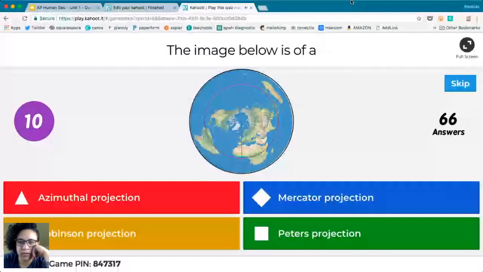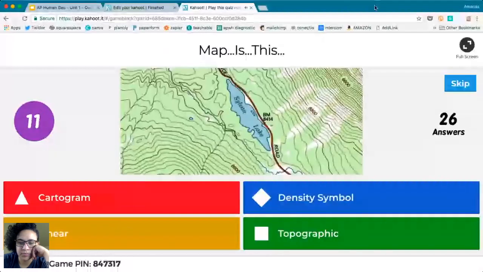New first place. What map is this? Nice. Right, so topographic is any map that is showing elevation. New first place.